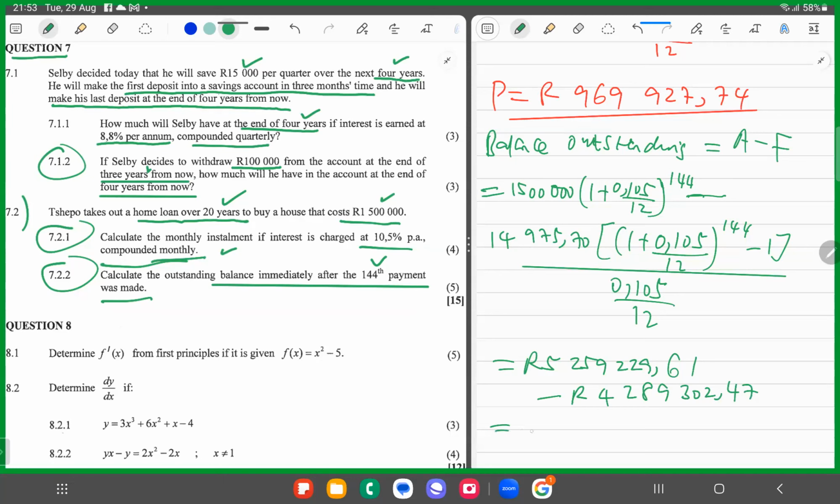You multiply everything, and this is 969,927.